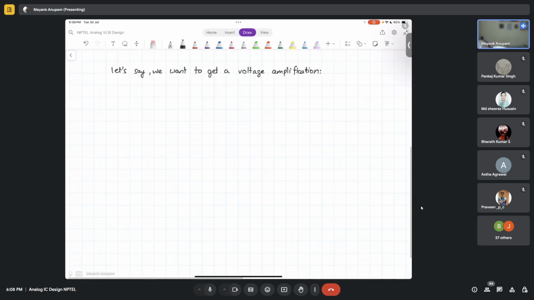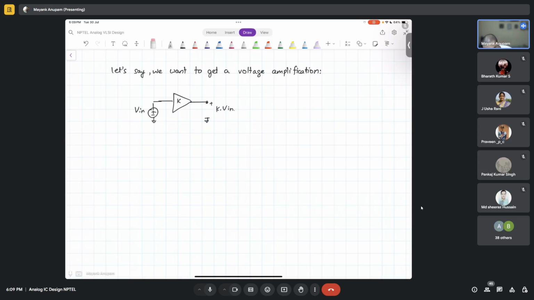If you have a voltage V in here, then by some miracle, you want to obtain a voltage which is K times V in. Correct? So how do you do this? That was the whole point.